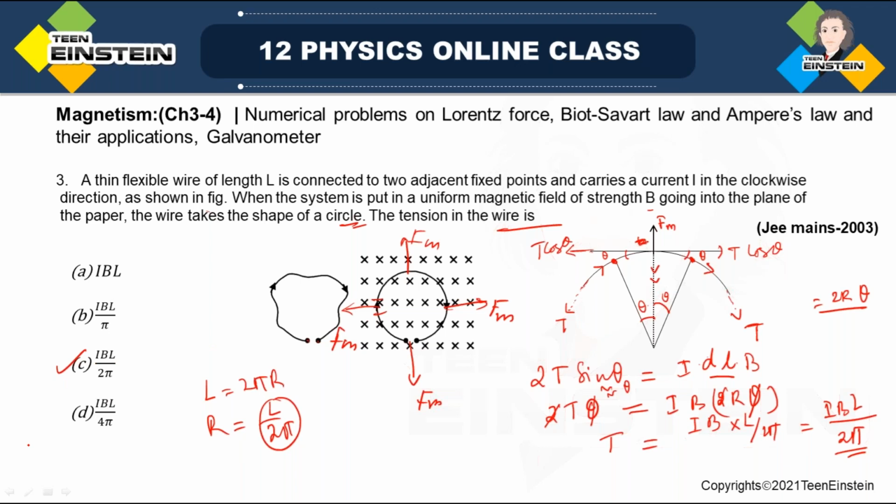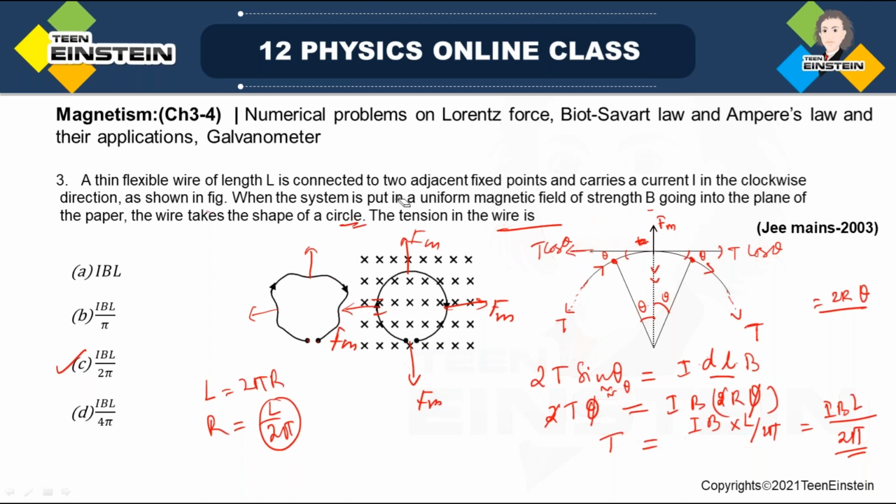I hope it is clear to you. I'll just quickly repeat what I have done. So there is a wire of length L, and the two ends are connected to two fixed points, and this is kept in a uniform magnetic field, so it will experience an outward magnetic force.